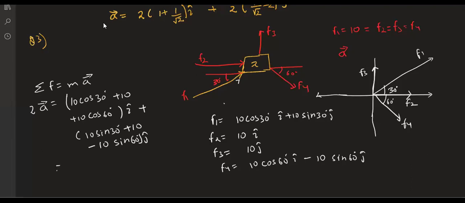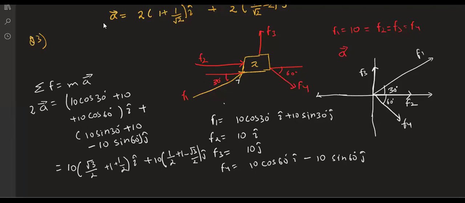So this is equal to what? Take 10 common: cos 30 is root 3 by 2, plus 1 times cos 60 which is 1 by 2, i cap, plus 10 common, sin 30 is 1 by 2 plus 1 minus root 3 by 2, j cap.